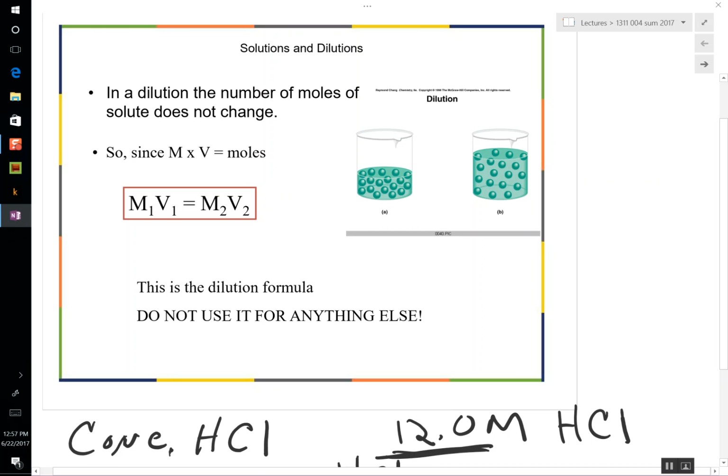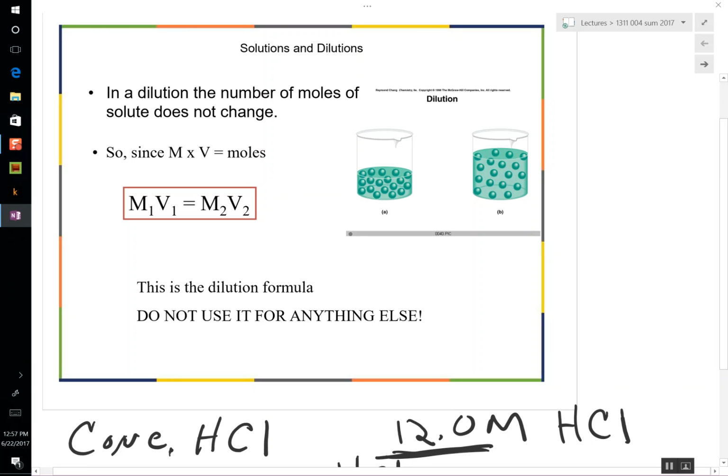So here's your dilution equation, where this is your original concentration times the original volume, and that is going to equal the new molarity times the new volume. Let me give you the theoretical basis for that.